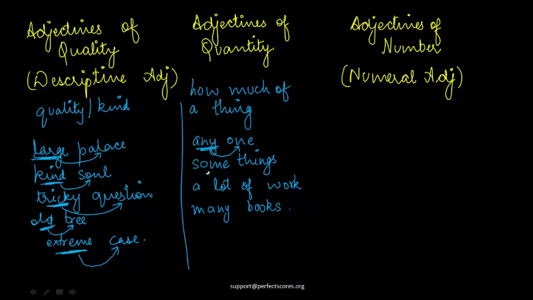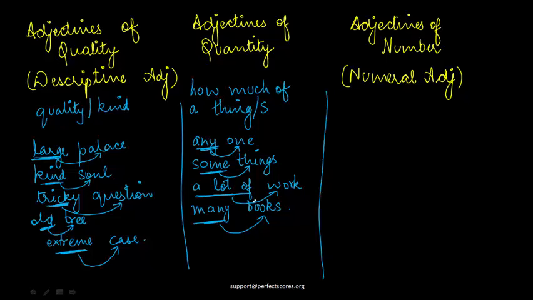In this case, some describes the noun things. A lot of describes the noun work. Many describes books. So all of these words, any, some, a lot of, many, they're all telling you how much of a thing or things you are talking about. So these are known as adjectives of quantity.